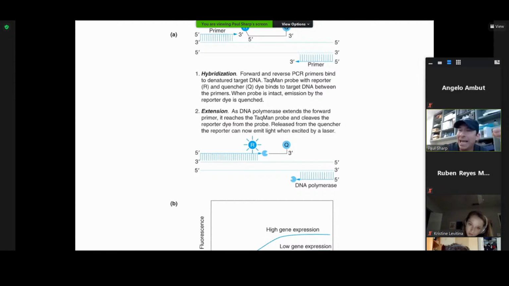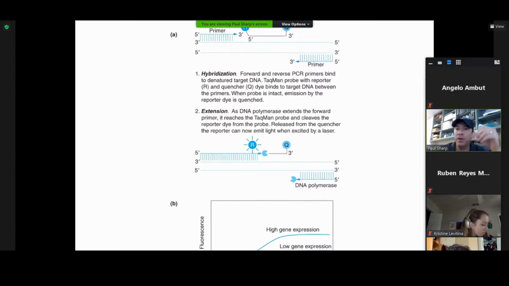And then after the second, you would have 200, then 400. So now you can see why you would pass the threshold cycle for fluorescence if you have more mRNA transcripts. The more mRNA transcripts you have, the faster you're going to reach that threshold cycle. And that's how we do qPCR.